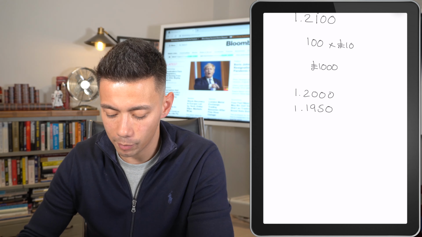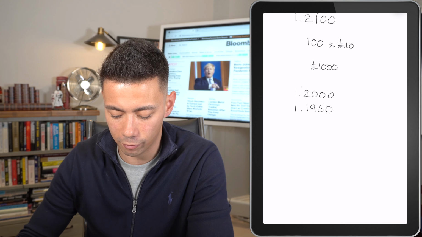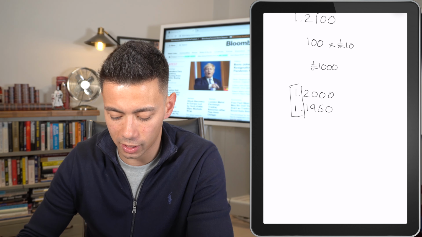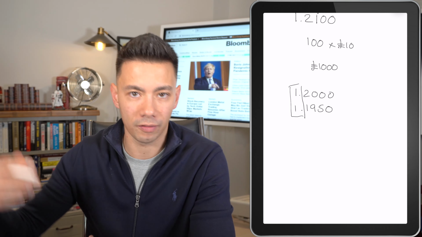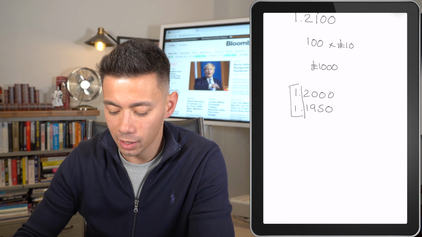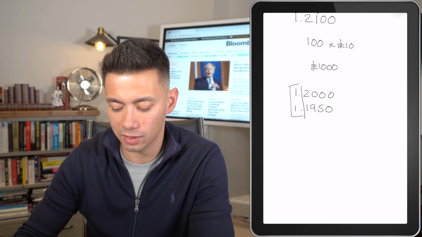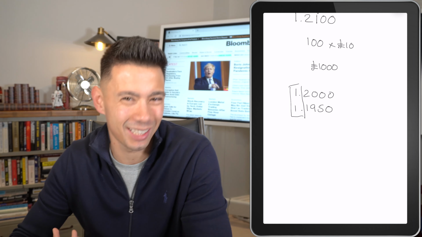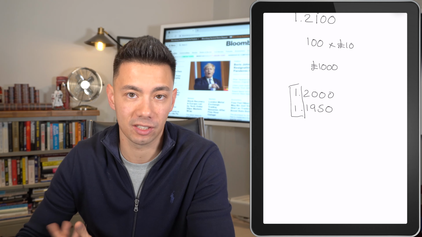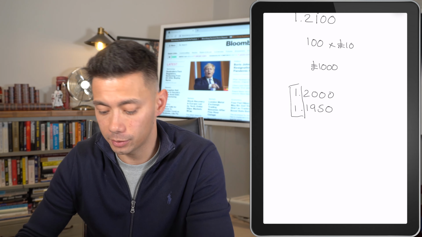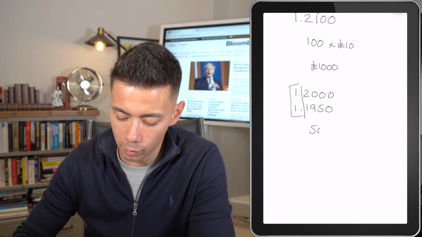If you ignore the digits on the side and just look at the four decimals, or the two if you're looking at the yen, you can see that this has gone from 2000 down to 1950. So that's a move of 50 pips.